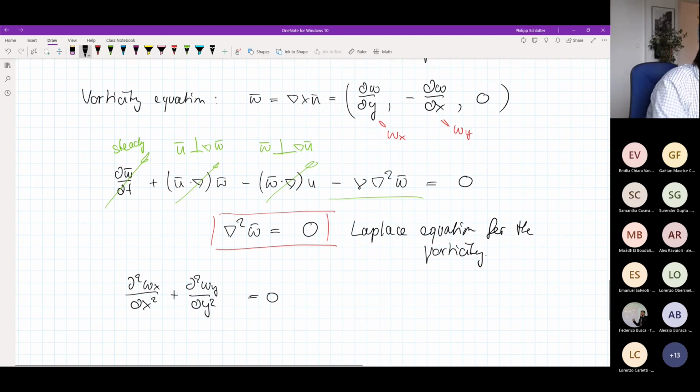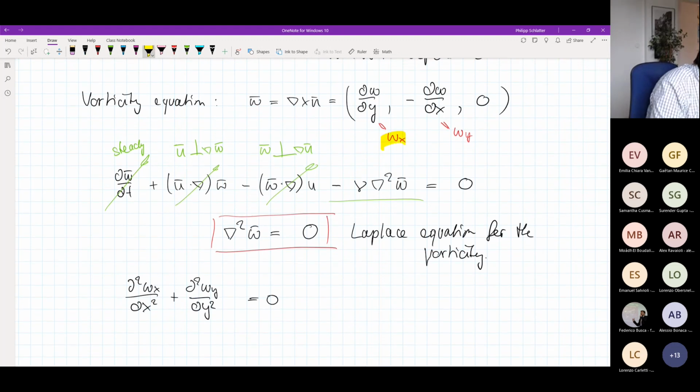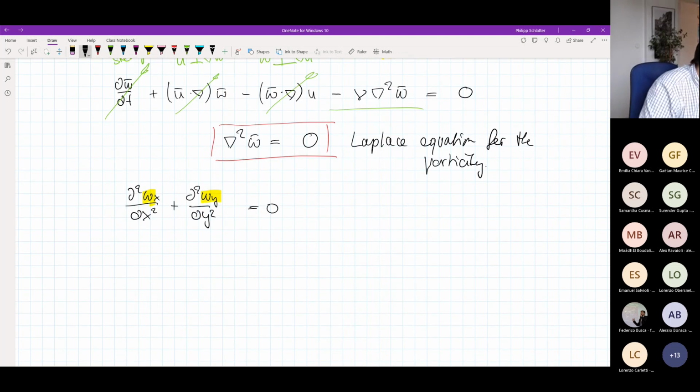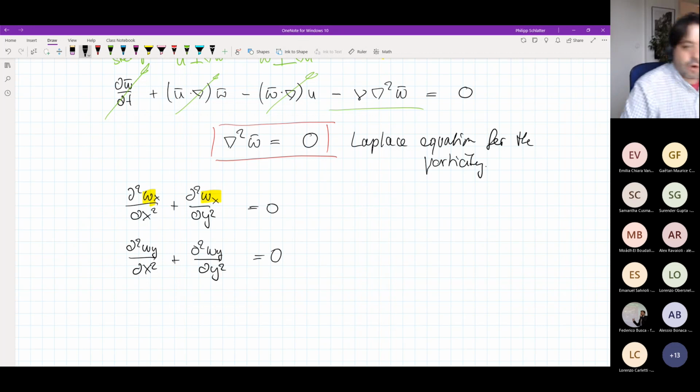So keep in mind, I'm taking now the omega x and the omega y. That's the first row, and of course, I did that wrong. This one should be an x. And the second row would be d squared omega y dx squared plus d squared omega y dy squared, and this is also 0.